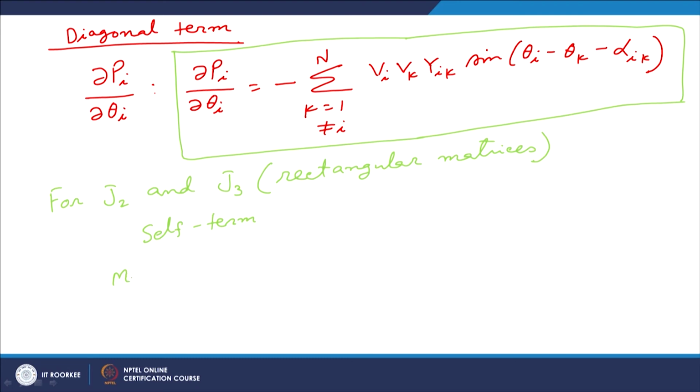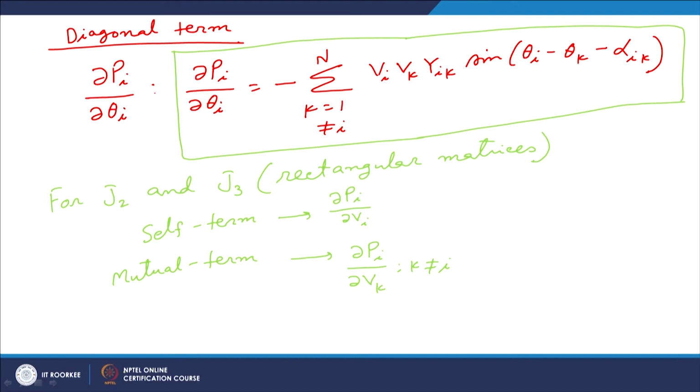We are abusing this term, but just for the sake of this course we call it the mutual term. For J2, the self term would be delta Pi by delta Vi, and the mutual term would be delta Pi by delta Vk, where k is not equal to i.